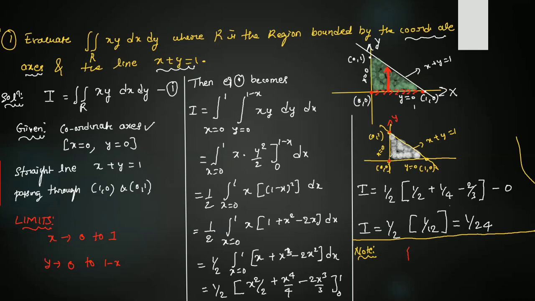So y in the bounded region varies from here till here, from 0 to 1. Now, when y is in the vertical direction, x should be in the horizontal direction, so you need to draw a horizontal strip.